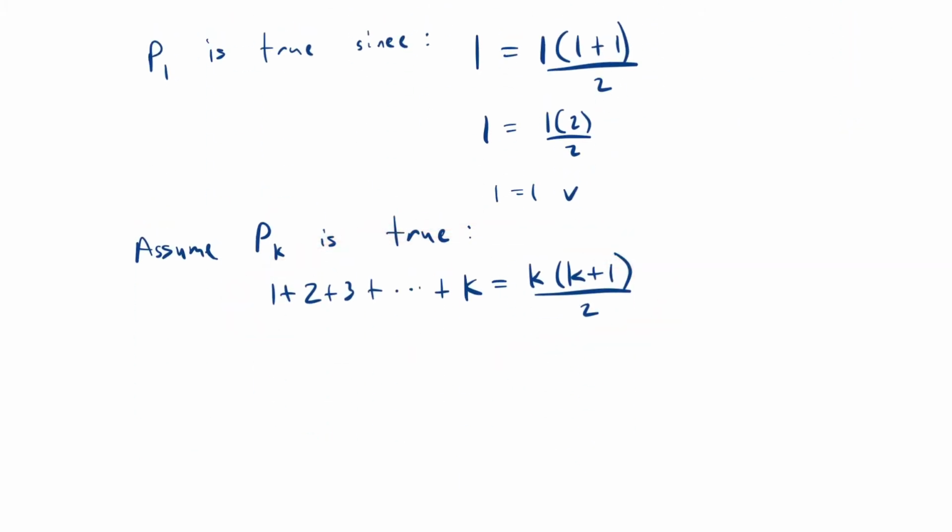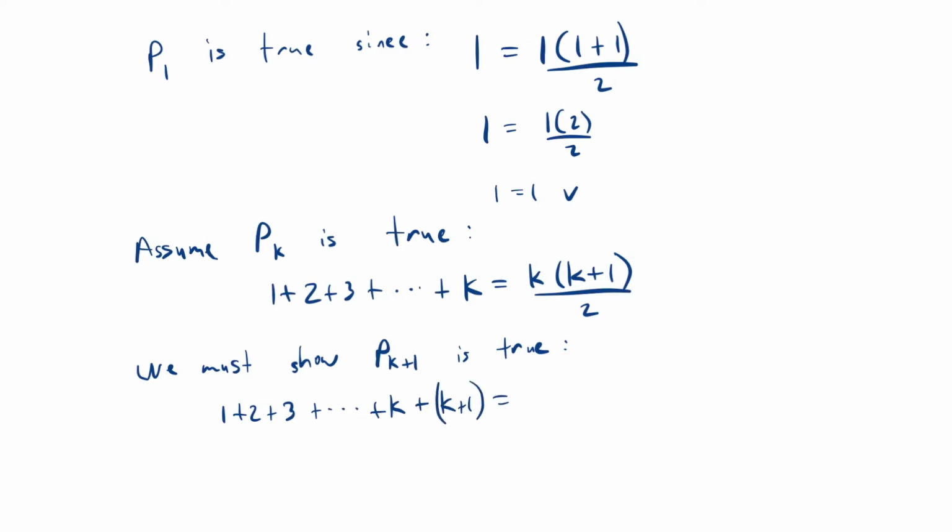Now we must show that P sub k plus 1 is true. So let's write out P sub k plus 1. Well, P sub k plus 1 is 1 plus 2 plus 3 plus ... plus k, plus the next one after k, which is k plus 1. So what is that equal to?